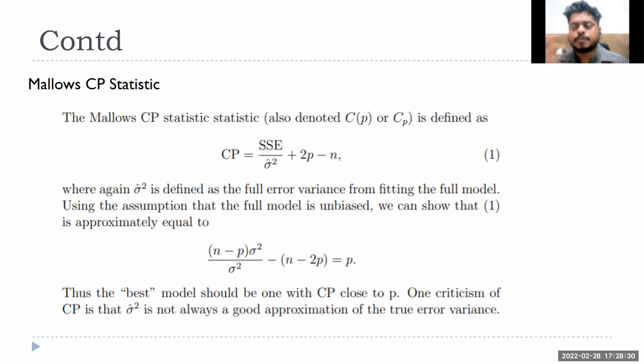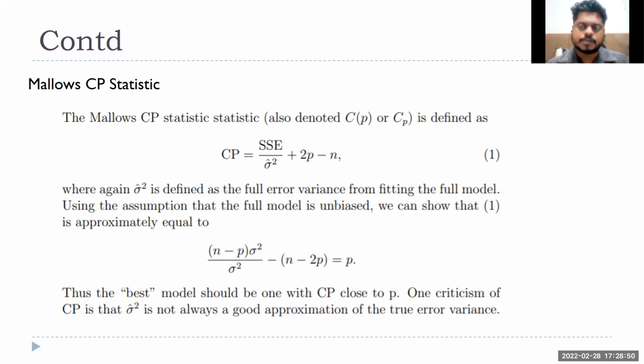The Cp value you need not calculate; the model is going to calculate it for you. You find the model whose Cp is close to P, the number of predictors. If I'm creating a model with 6 predictors, another with 5, another with 4 predictors, so I have 3 different models, and my Cp value came at 4.12, then I'll select the model with 4 predictors because that is close to 4.12.